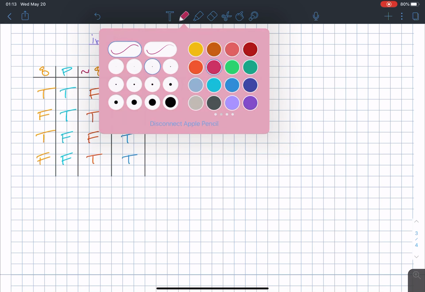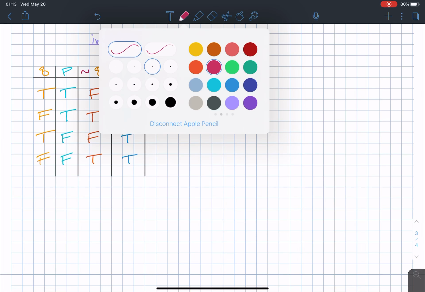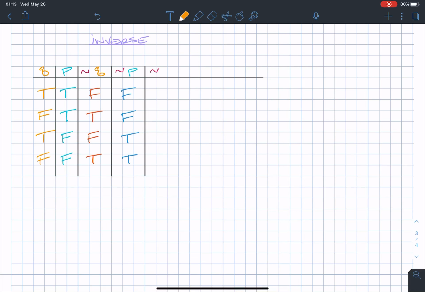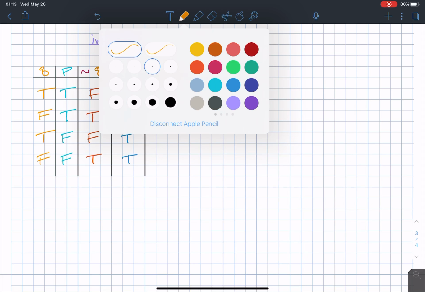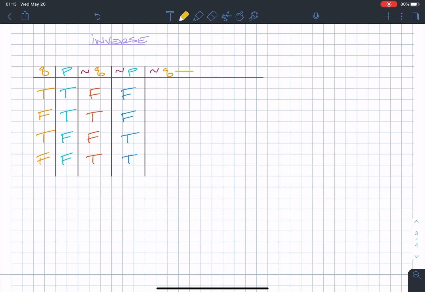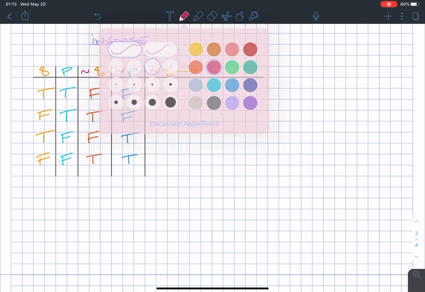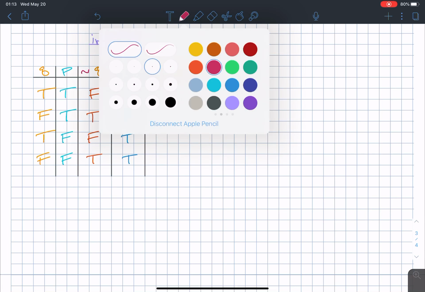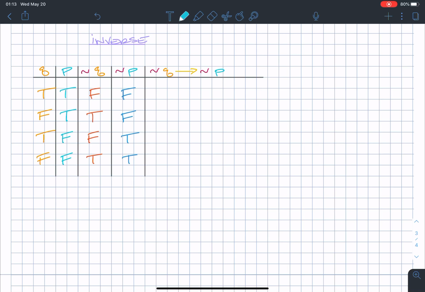So the implication, not Q implies not P. What does that give us?